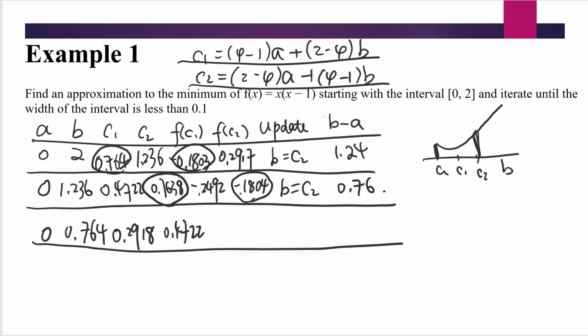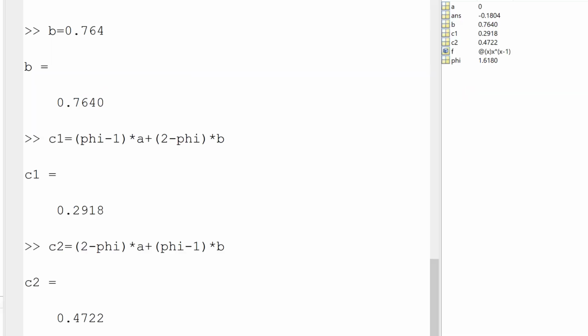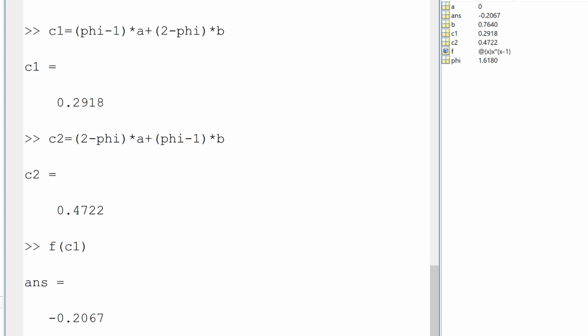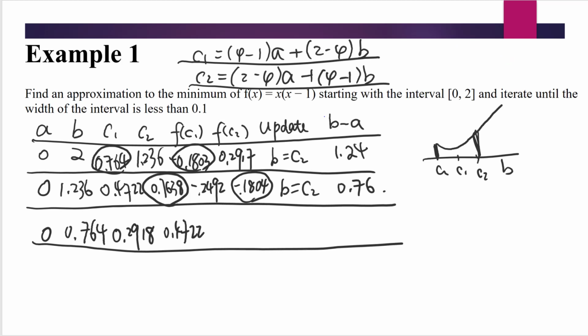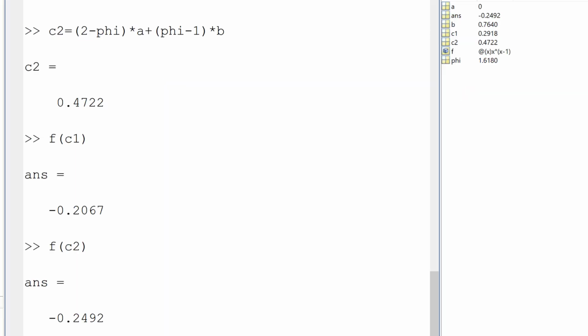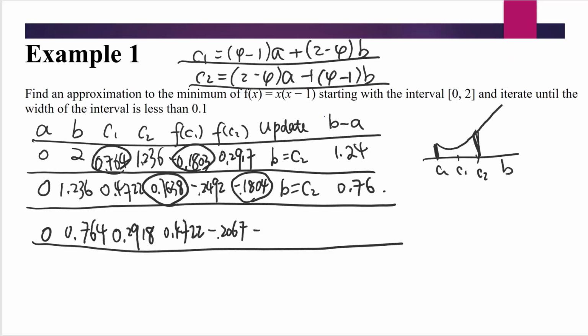So we calculate f(C1) and f(C2). So it's negative 0.2067, and the other one is negative 0.2492.